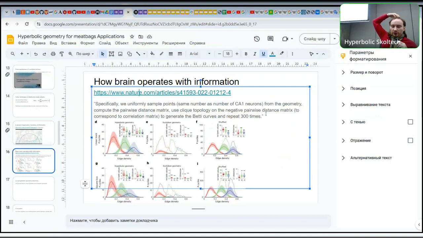They computed some informational distances between neurons, very roughly speaking, and then they compared it with the distance matrices of different geometries. So probably I should switch the screen and try to explain it more thoroughly.